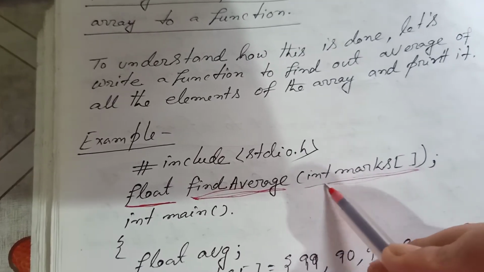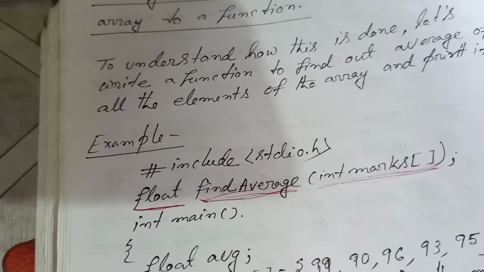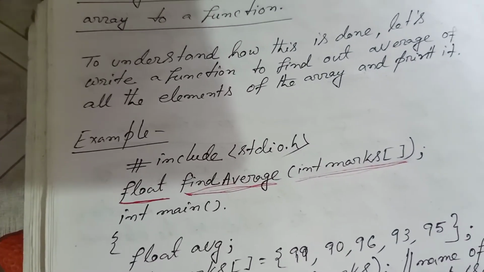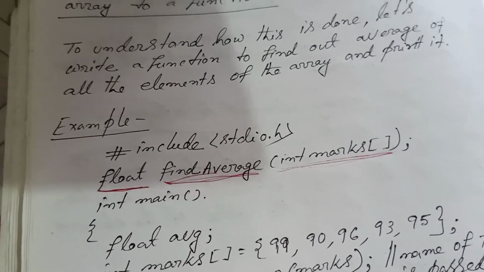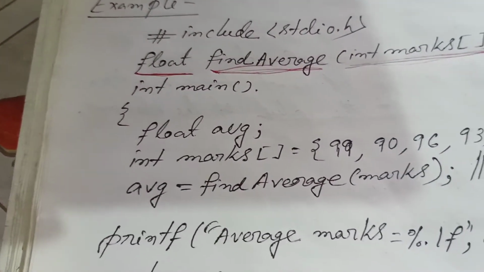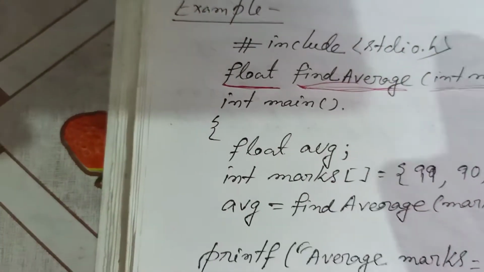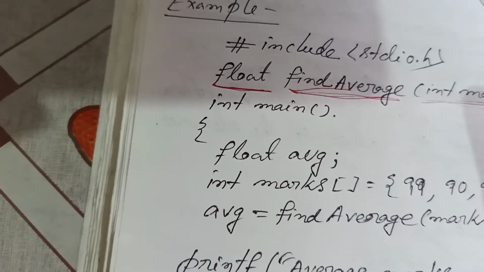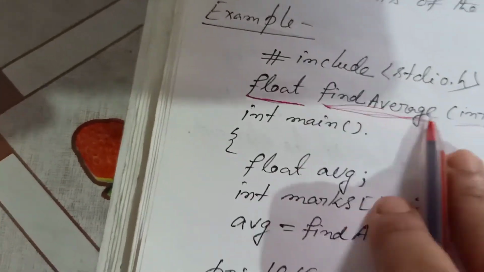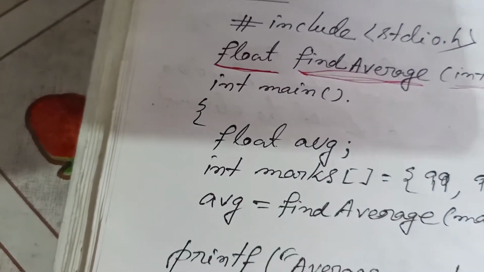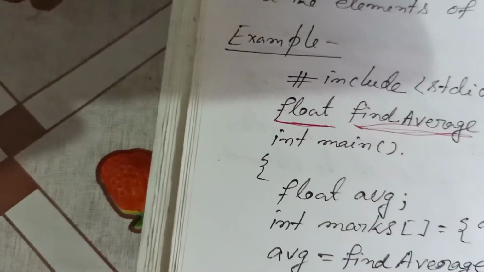That means a one-dimensional array is declared as the argument. So this is the declaration of the user defined function. Later we will define it.